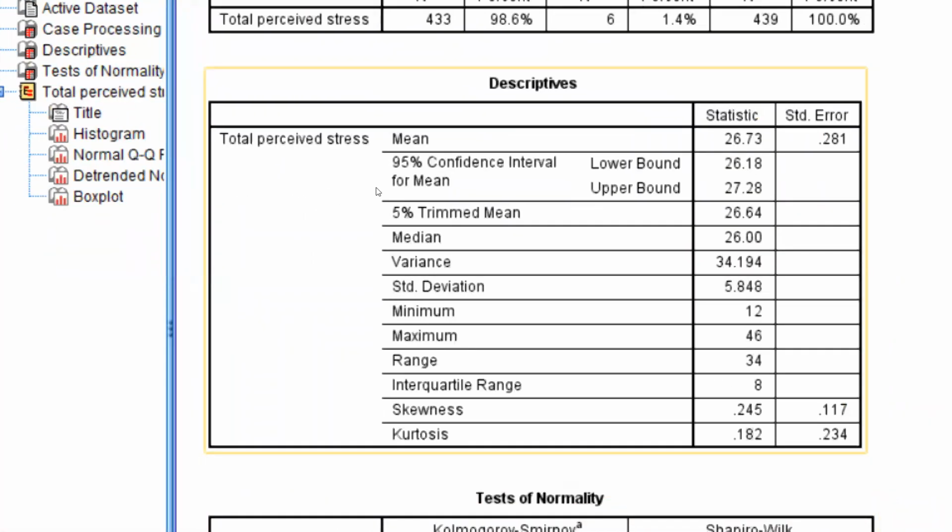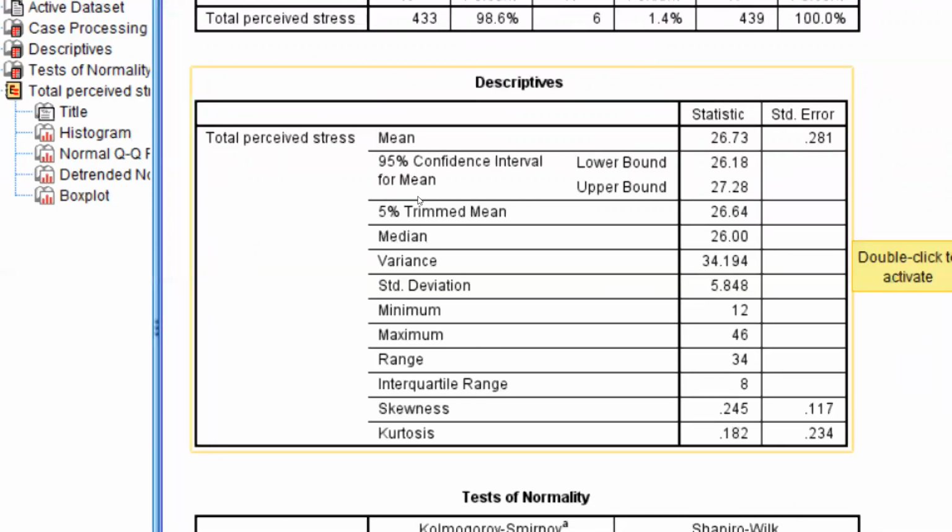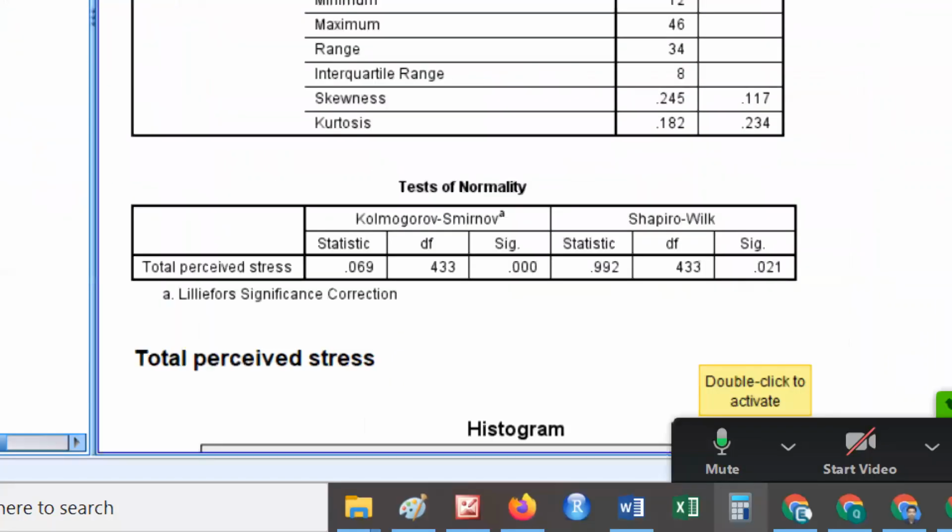The sample mean is 26.73. This mean can be represented by X bar, not the population mean. And the confidence interval, I already told you, 26.18 is the lower value of the confidence interval.